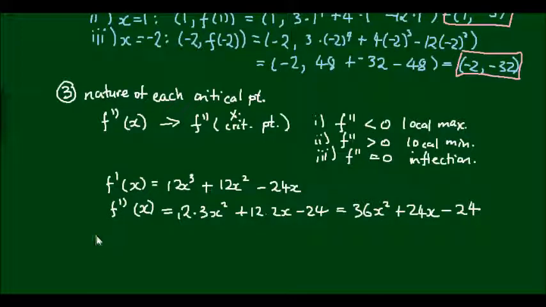So in our first case, the x coordinate of our critical point is 0. So f double prime at 0 is going to equal 36 times 0, which is 0, 24 times 0 is 0, minus 24.